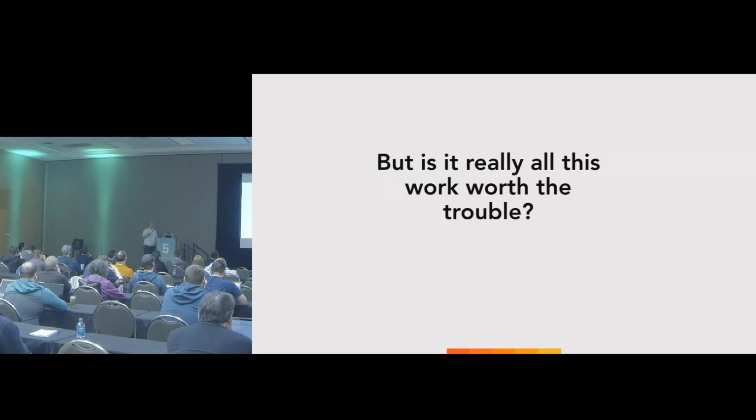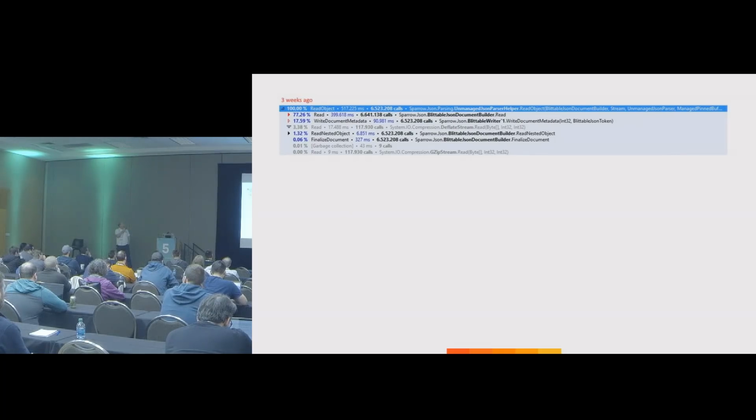So the question that you may be asking right now is, is this worth the trouble? Because I said it, if you are going down this road, there's no going back, right? This is optimizing the JSON parser because, hey, we needed to optimize the JSON parser.